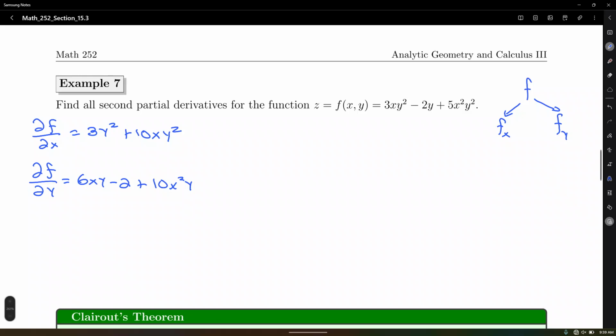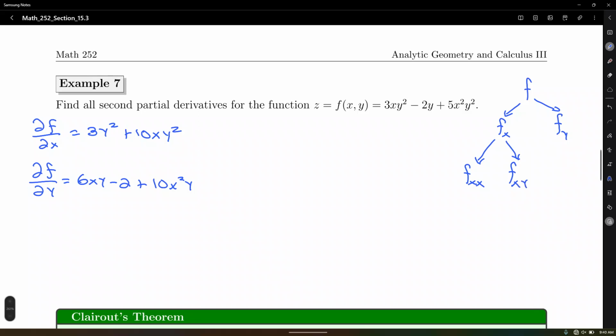Of course, we need to go through the first two partial derivatives to get to the 4 second partial derivatives. And again, let's go to that diagram. So now if we go to this branch, the partial with respect to x, furthermore, we can go f with respect to x and then a second with respect to x. Or we can go f with respect to x and then with respect to y.